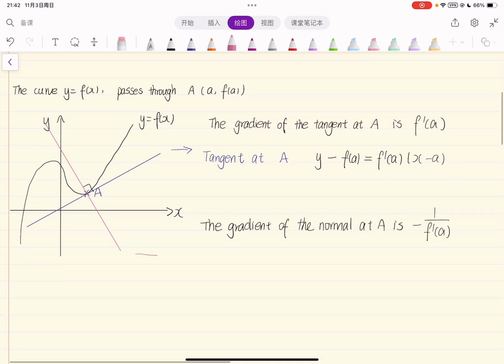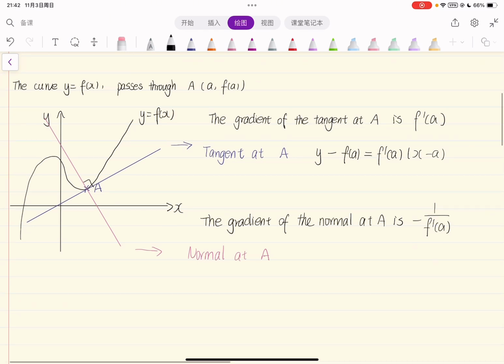So this is the normal at point A. The equation of that is y minus f(a) equals -1 over f dash a times (x minus a).